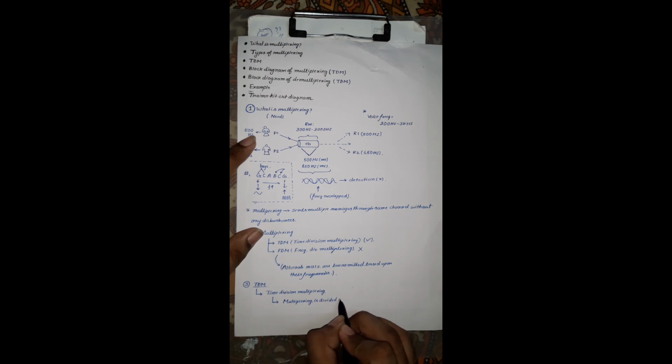TDM, listen carefully, TDM is also called time division multiplexing. If you see the name carefully, the name itself suggests that the multiplexing is divided in the time domain.